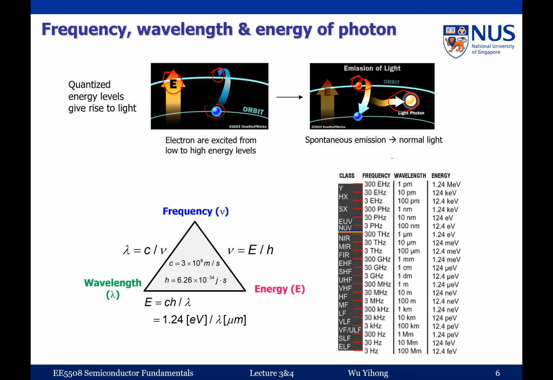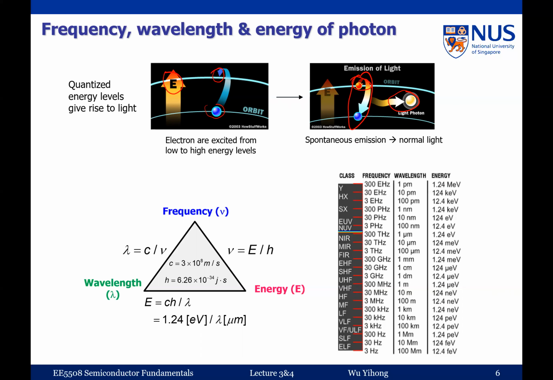The energy of the photon emitted during this recombination process is equal to the difference between the energy at these two levels. And of course, the energy of the photon, if you studied physics before, determines the color of the light.